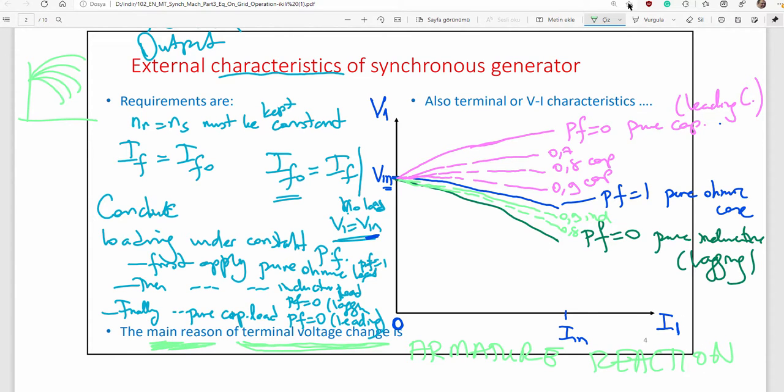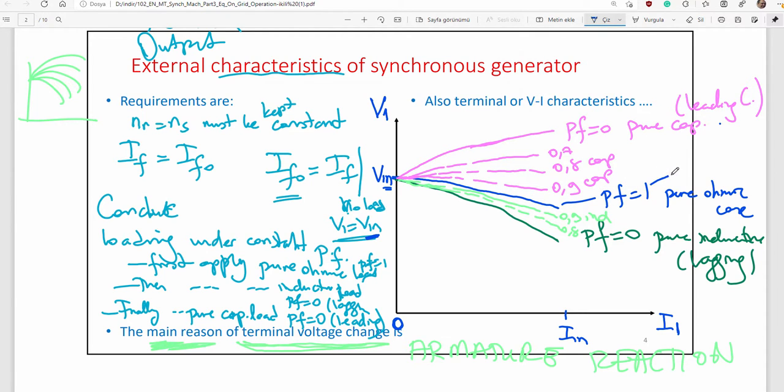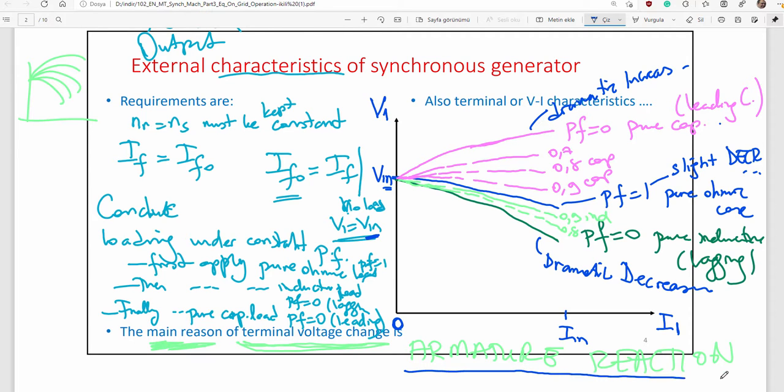Now remember, in pure ohmic load there was a slight decrease due to armature reaction, but in a pure inductive case there was a dramatic decrease, and in pure capacitive case there was a dramatic increase due to armature reaction.